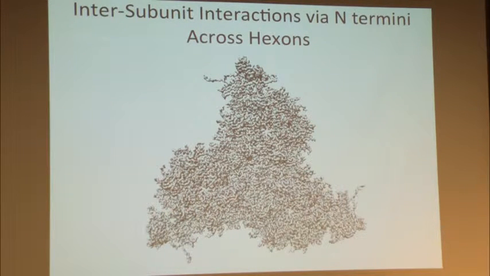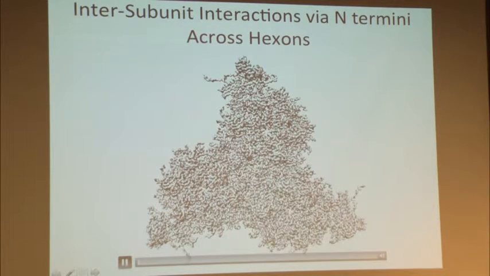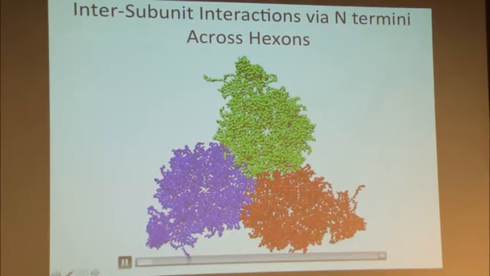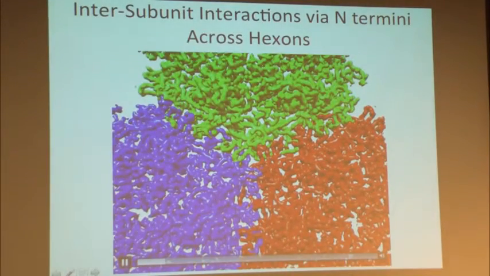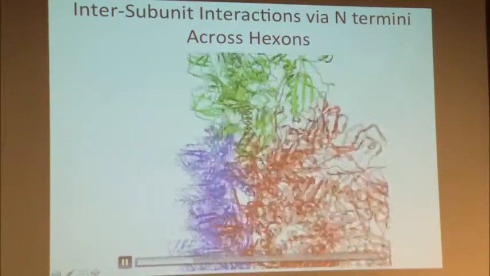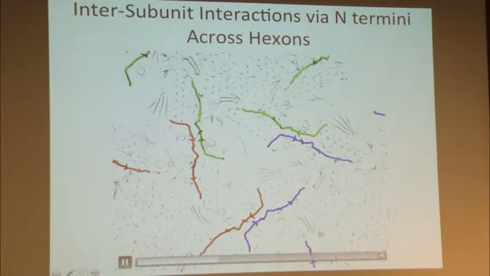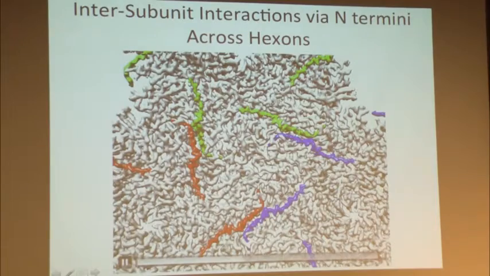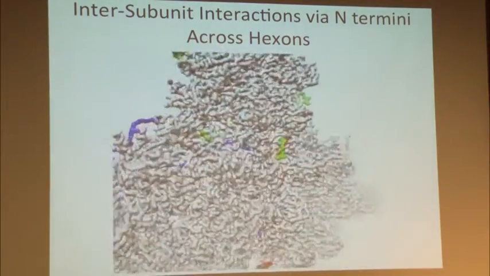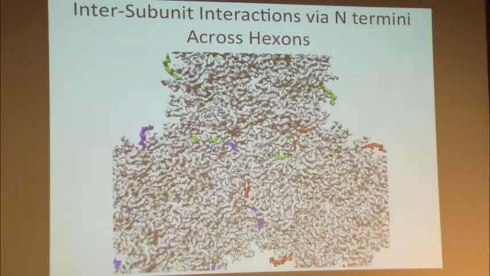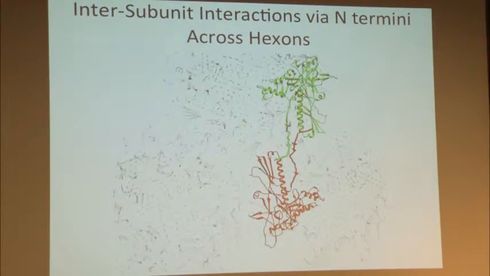So I'm going to show you two movies to see how this interaction occurs. So here is 3 asymmetric units. I'm looking at the 3-fold here, and I am turning this density map to the model, looking from inside. Now, what I'm showing here are the N termini of the subunits between adjacent proteins. It turned out these N termini seem to form a beta strand interaction.